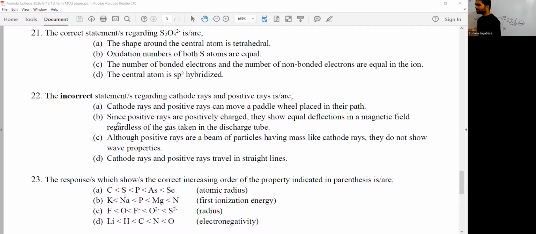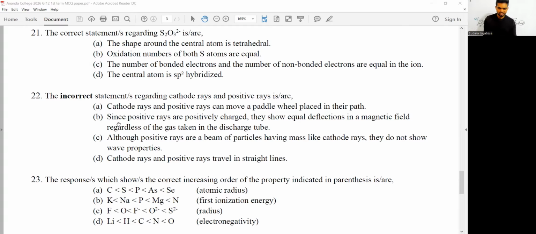Then positive rays are nuclei. If hydrogen gas is inserted, positive rays will be H plus. If it is oxygen gas, it will be O plus, like that. Other positive ions of oxygen are possible too. But anyway, the masses are different for positive rays. However, they have a mass, no? So they can turn the paddle wheel by transferring the kinetic energy.